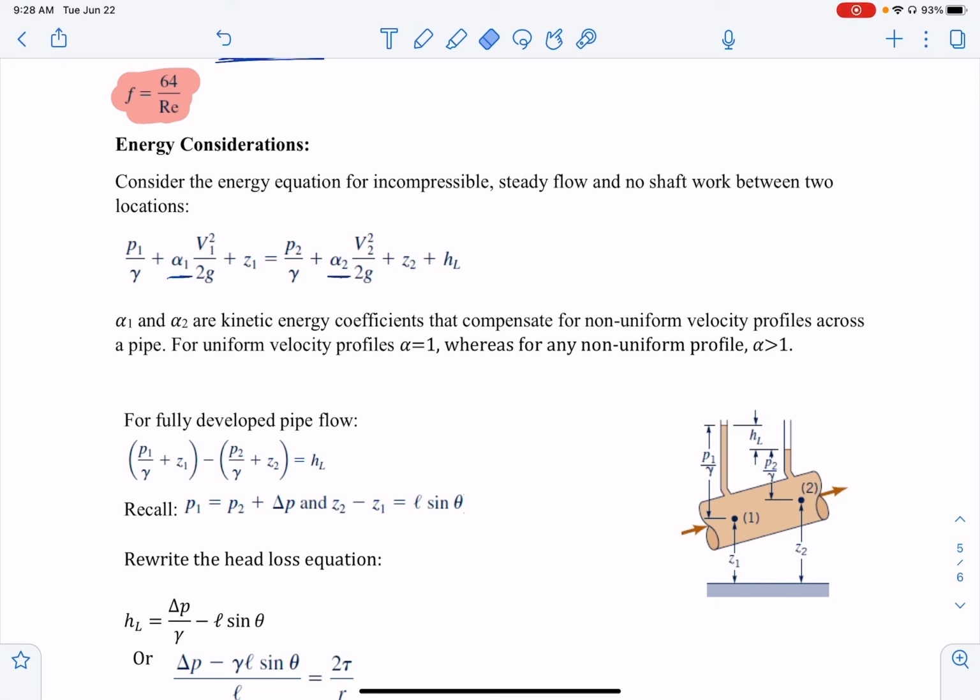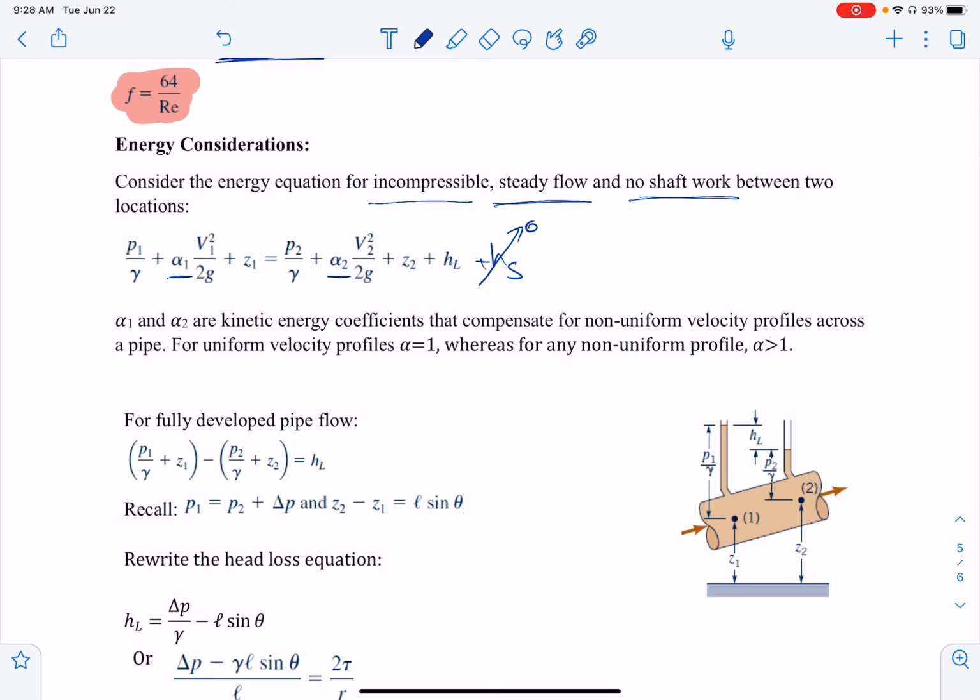Now, if we say that it's steady state, incompressible flow, and there is no shaft work between the two locations, then H_s here becomes 0 because there is no work.